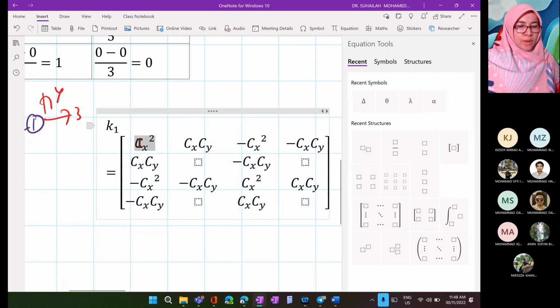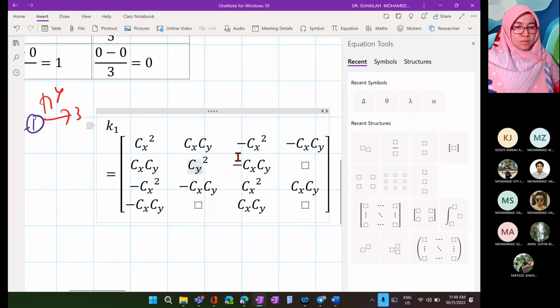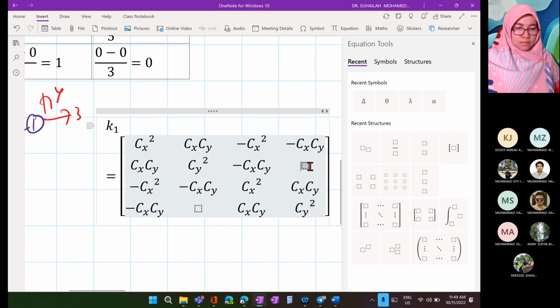And we have CY square, CY or lambda Y, CY square. This one is negative. This one is negative.